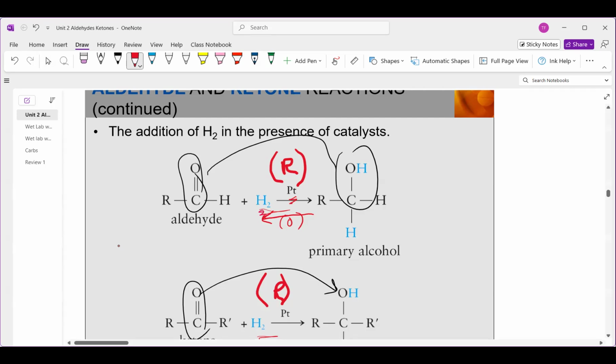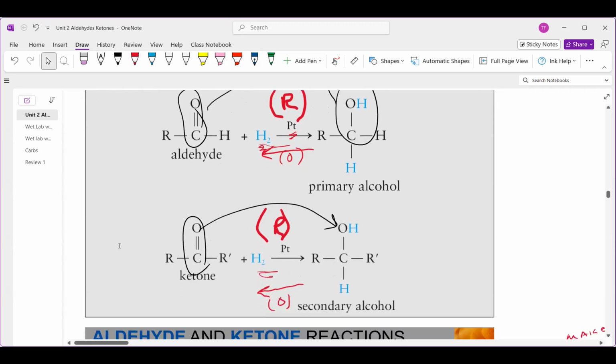We end up with a primary alcohol. A ketone, when reduced, produces a secondary alcohol. That's another way to distinguish between ketones and aldehydes. What kind of alcohol you make? A primary or secondary alcohol.